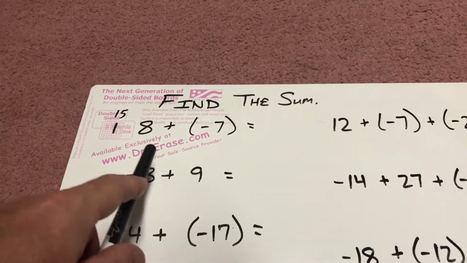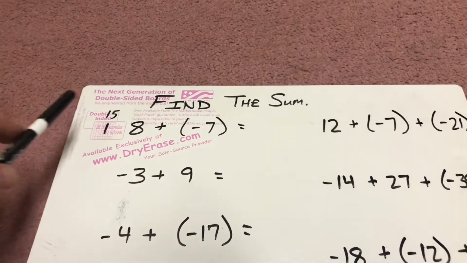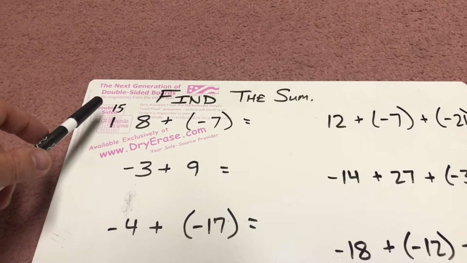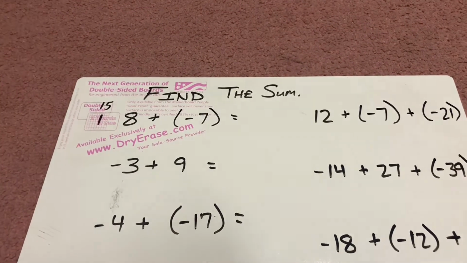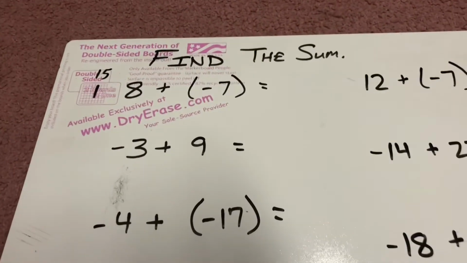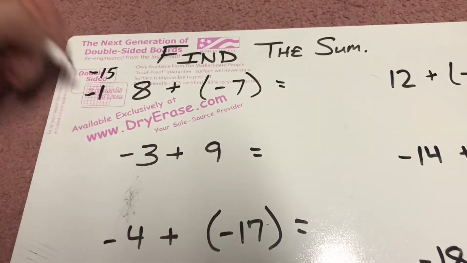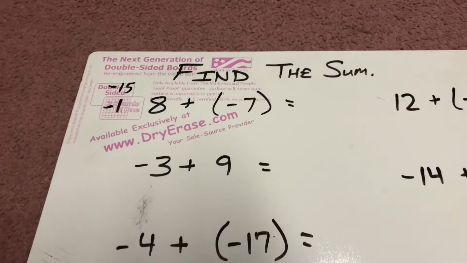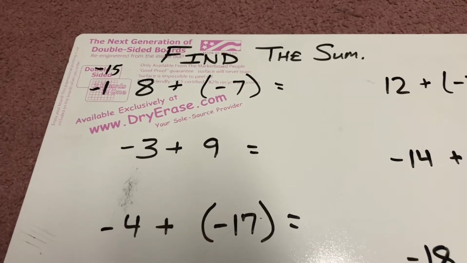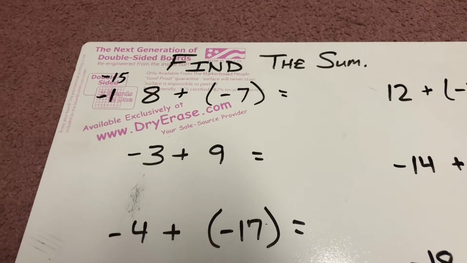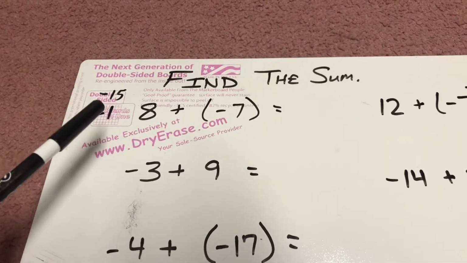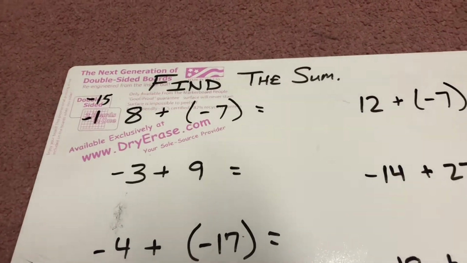So somehow my answer to 8 plus negative 7 has to be 15 or 1. It doesn't mean it's just positive 15 or positive 1; it could also be negative 15 or negative 1. But if I have some other number, like 7 or 2 or 13, that's not 1 or 15, I have the wrong answer.